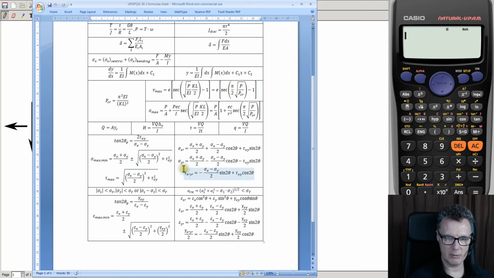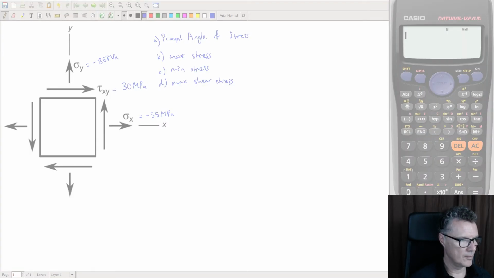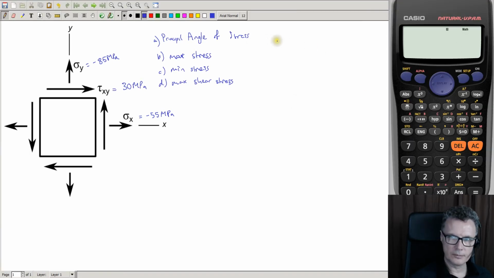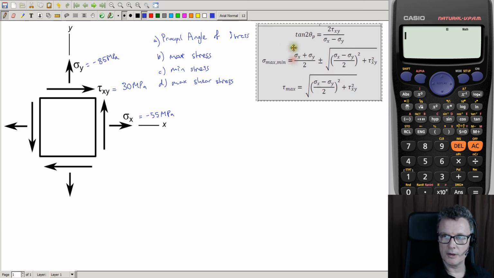So let's cut and paste these here. Right, so they are my equations that I want to use.